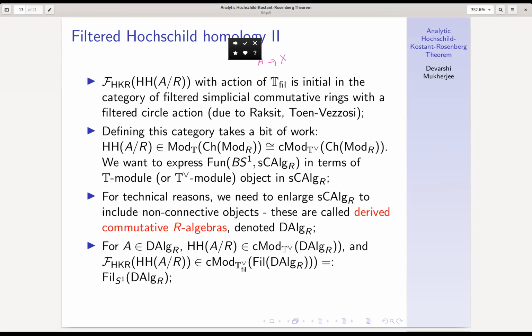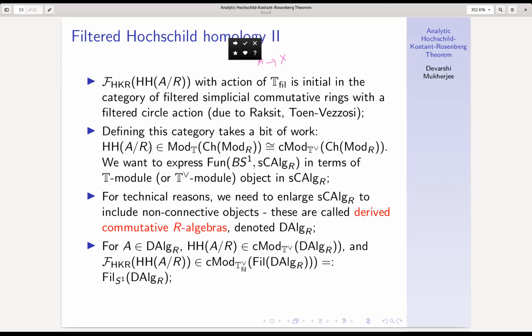Okay, now there is this category that I've mentioned over here, this category of filtered simplicial commutative rings with a filtered circle action. There is some technicality in defining precisely what this category is. So how does this go exactly, without getting into too many details?